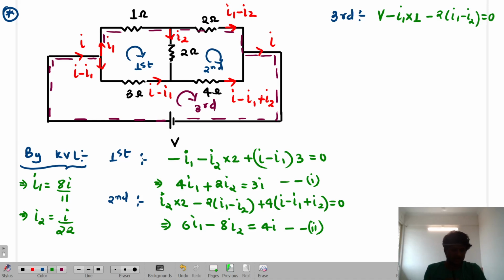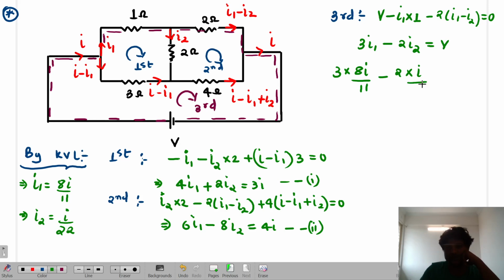Is this clear? So basically what I got? 3I1 minus 3I1 minus 2I2 is equal to V. I got my relation or not? Now you know your I1, 8I by 11 into 3 minus 2 into I2, which is I by 22, is equal to V. Are you able to get me?